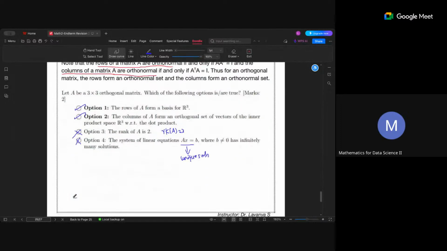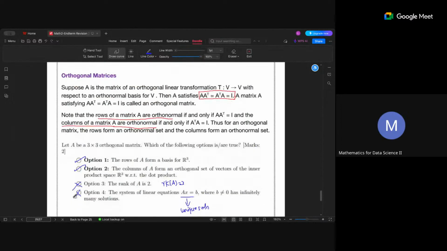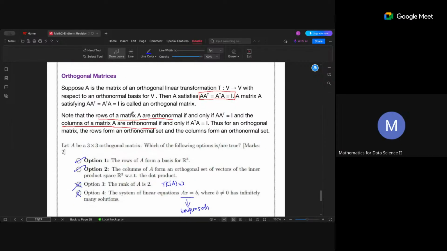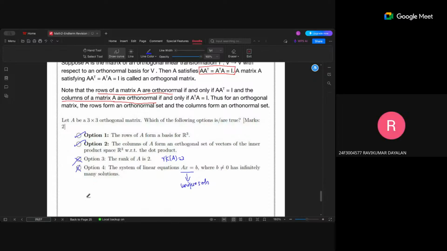One thing which is not given here: what is the determinant of an orthogonal matrix? Non-zero. More than that?